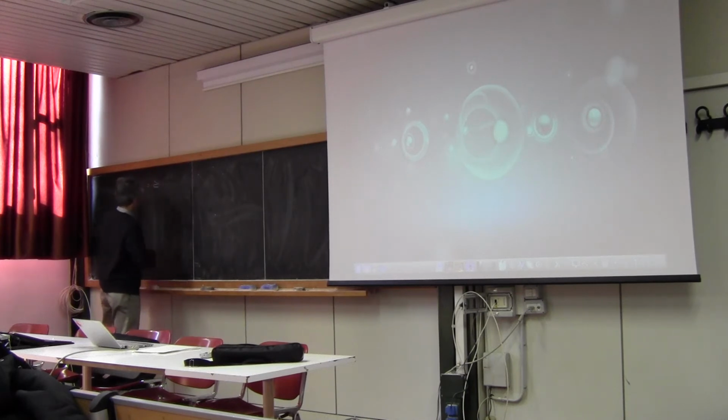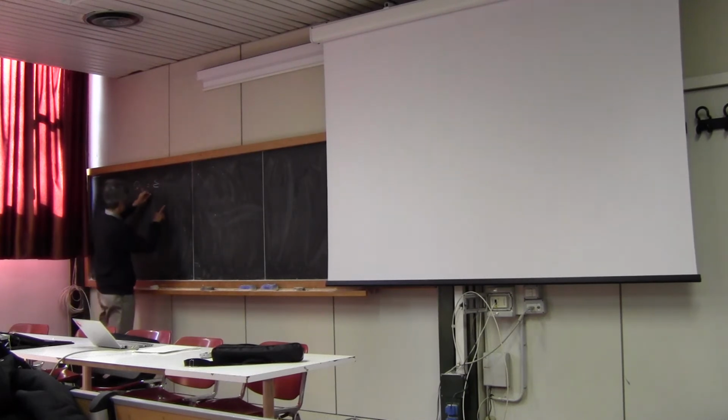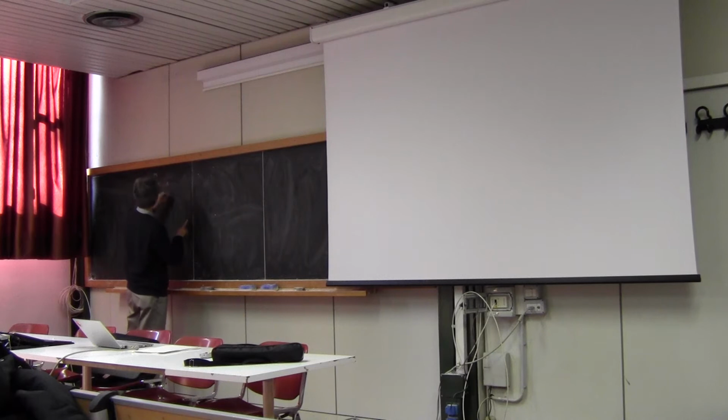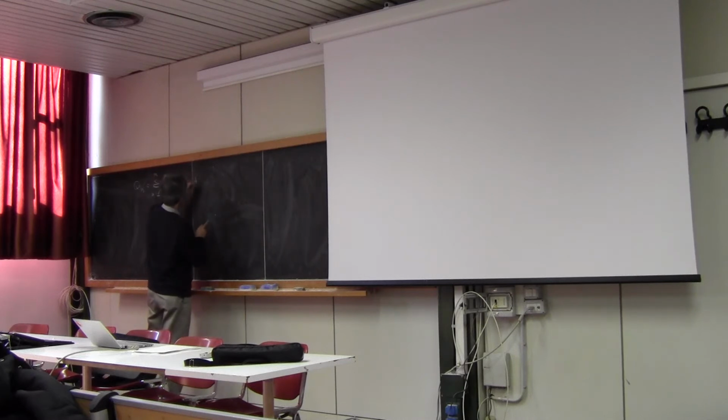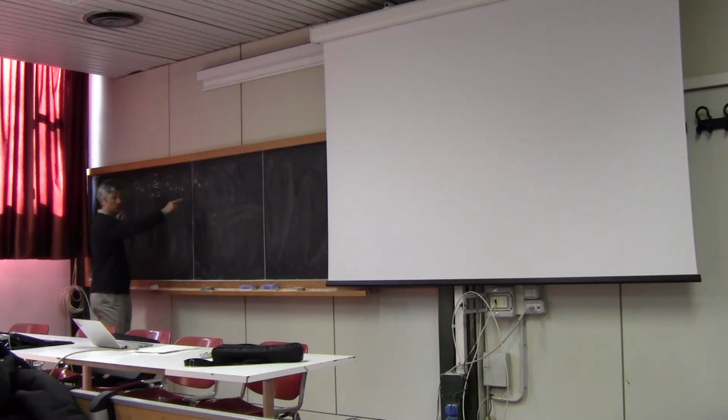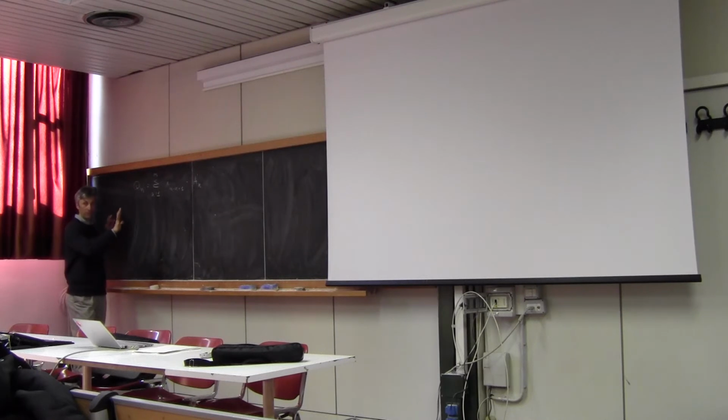I expressed Qn as a summation from k equal 1 to n of I(n minus k plus 1) times A_k. This was the summation that I have written. This is correct. You can find it in your notes.